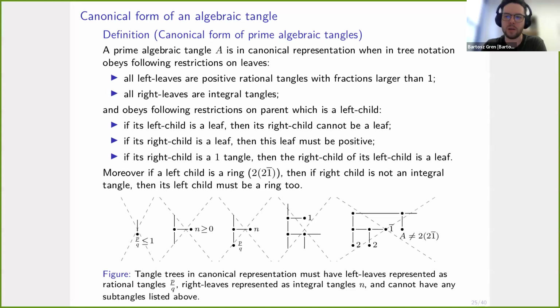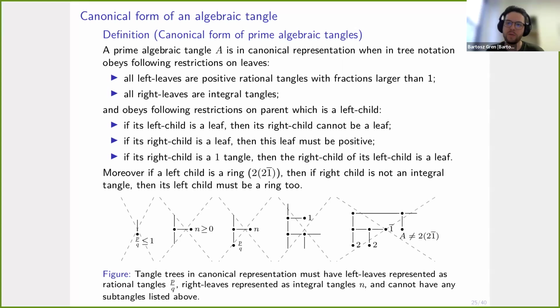And we can follow this. We can just flip and twist such a rational tangle and keep the integral tangles on the right. And additionally, we have some other conditions which follow from our isotopic moves. The way of thinking is, for every isotopy preserving move, there is some freedom, and we want to restrict this freedom.